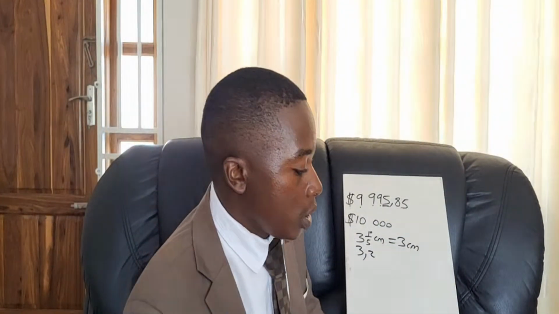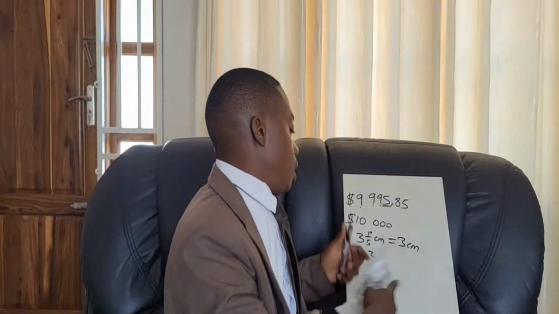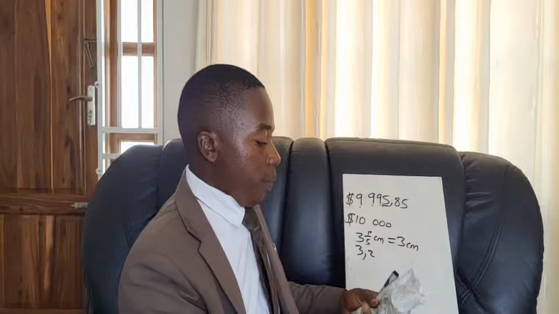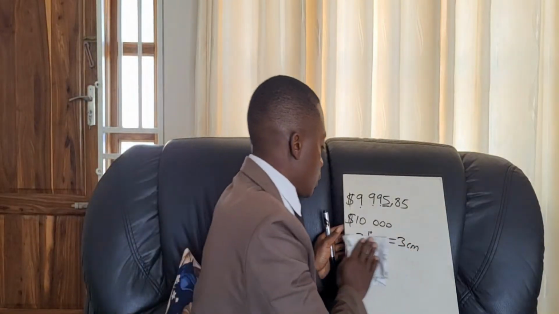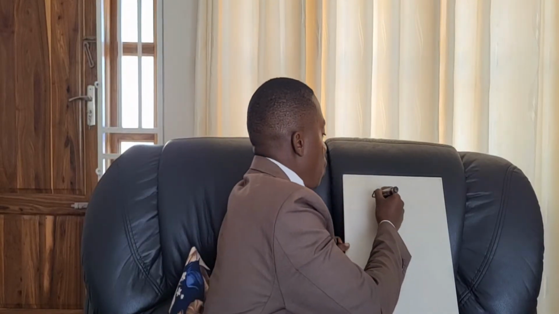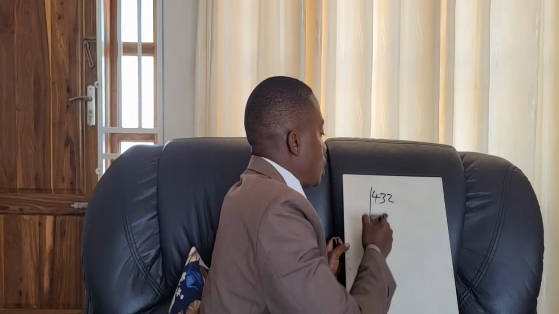Express 432 as a product of its prime factors. You just start to divide by the prime numbers.